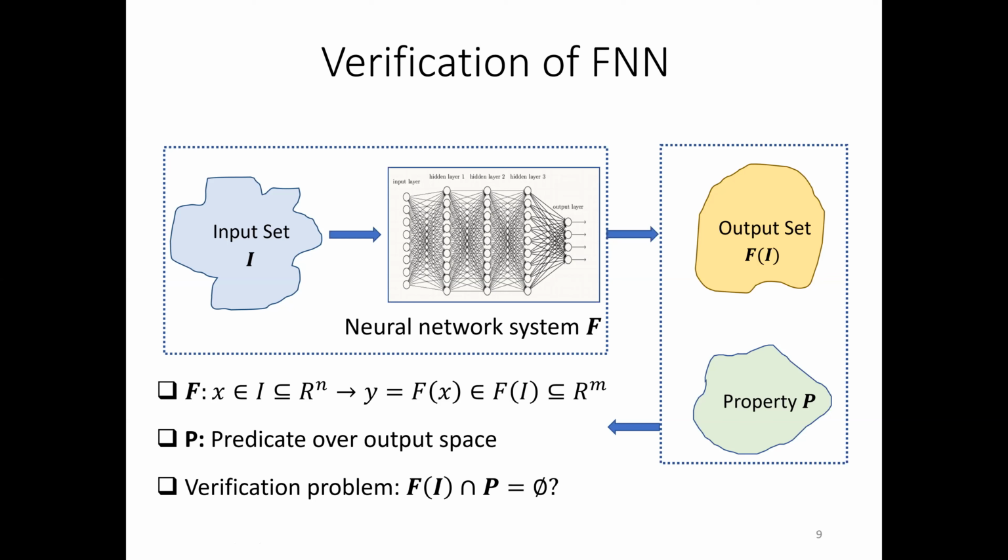So if you train a neural network, there are a bunch of networks trained for autonomous aircraft. They depend on the input set, which describes the condition of the environment.